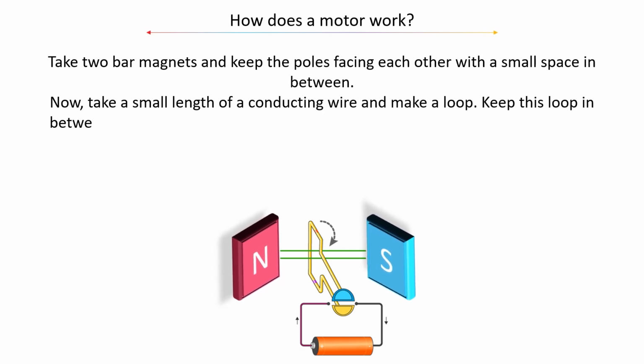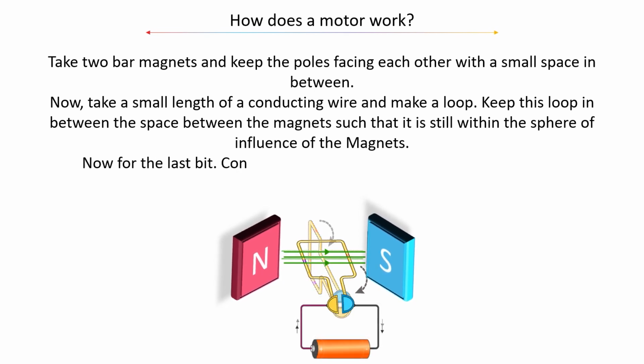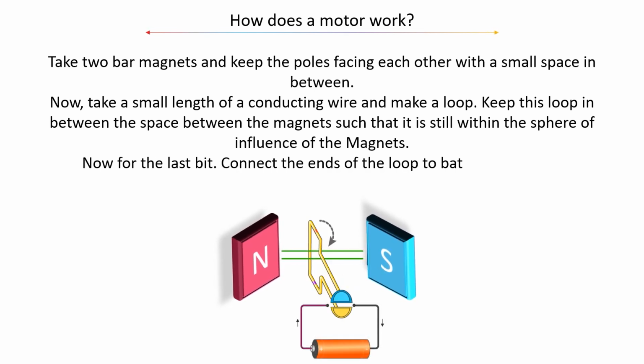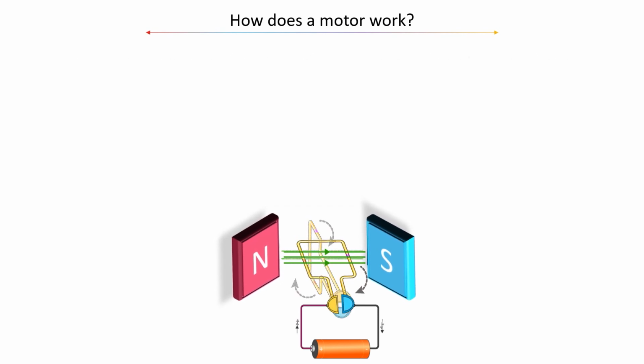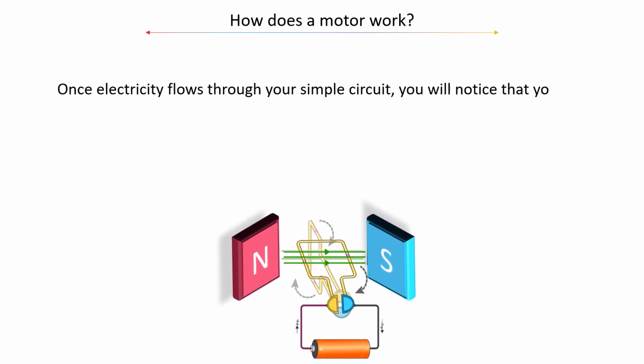Keep this loop in between the space between the magnets such that it is still within the sphere of influence of the magnets. Now for the last bit, connect the ends of the loop to battery terminals. Once electricity flows through your simple circuit, you will notice that your loop moves.